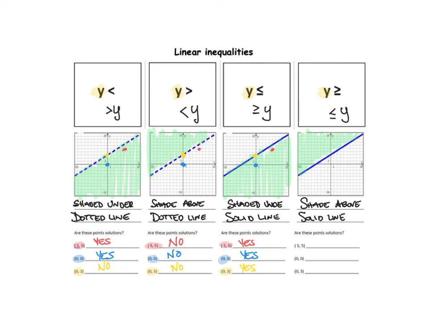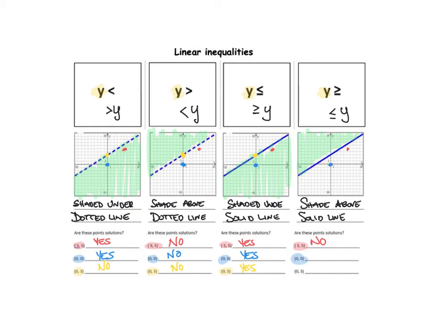Now let's look at this one right here. This is my graph. First, let's start with 5, 5. 5, 5 is right here. Is that part of the solution? No, because it's not in the shaded area. Then we have 0, 0. 0, 0 is right here.